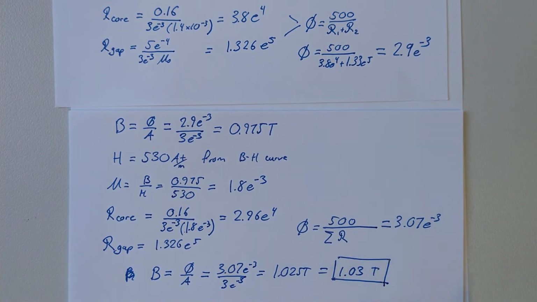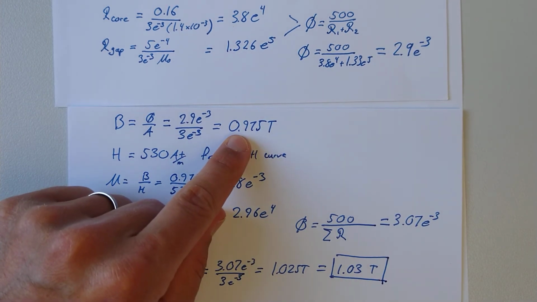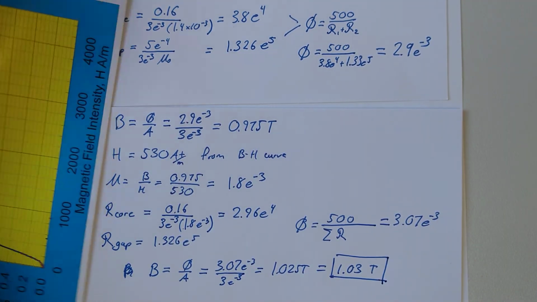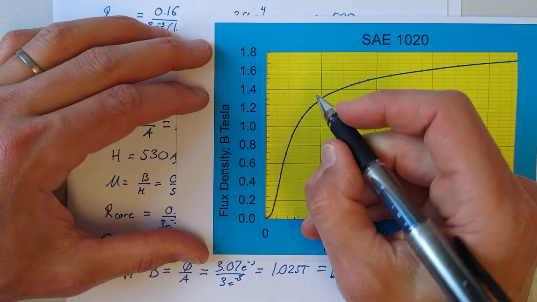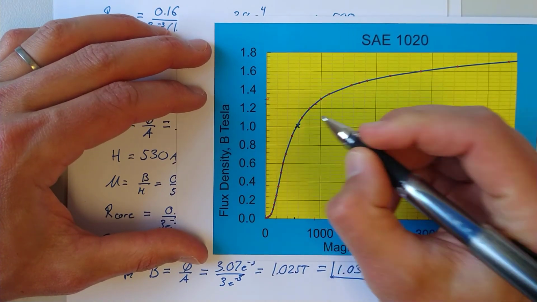Now, that is close enough to the previous value for this method. So we know that the operating point is somewhere around here.